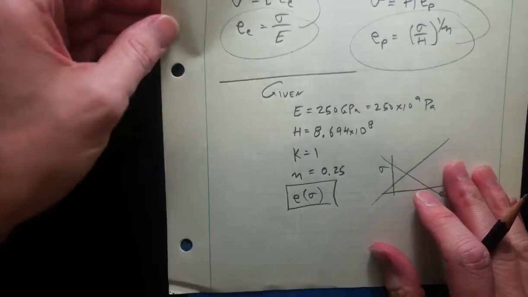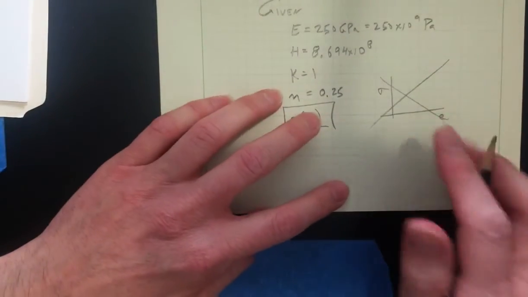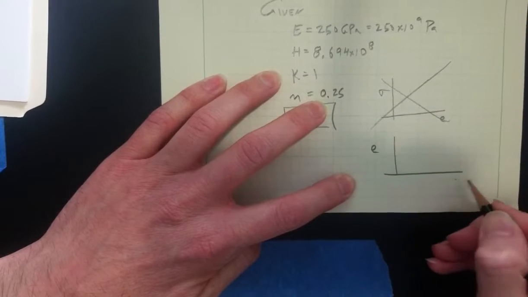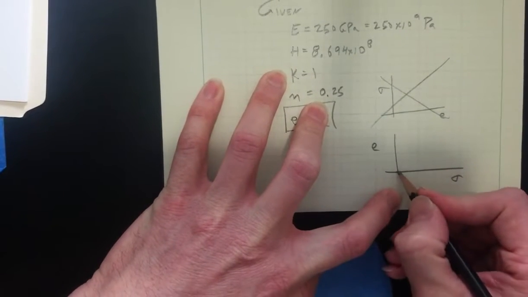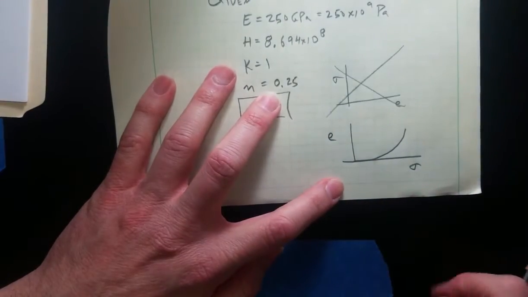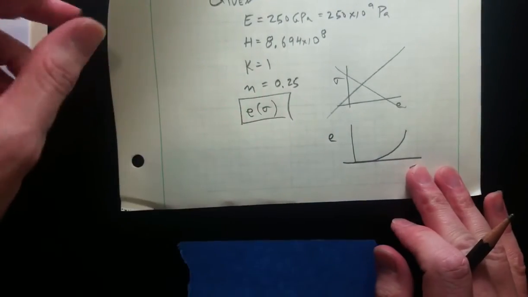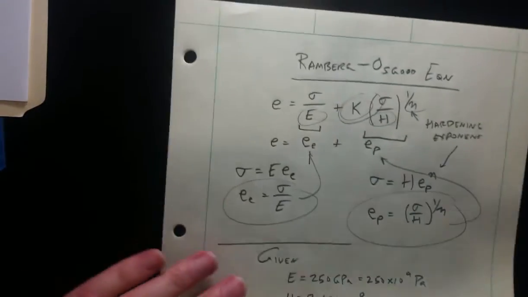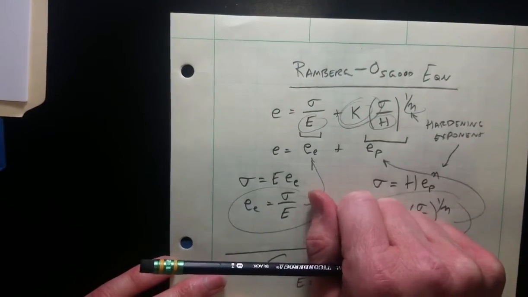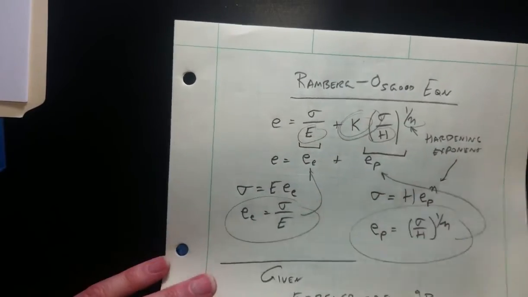So we have an expression which essentially is going to look like ε versus σ, and it's going to have this shape to it. But that's okay. It's also not very easy to invert this expression. But let's look at a problem we can solve.